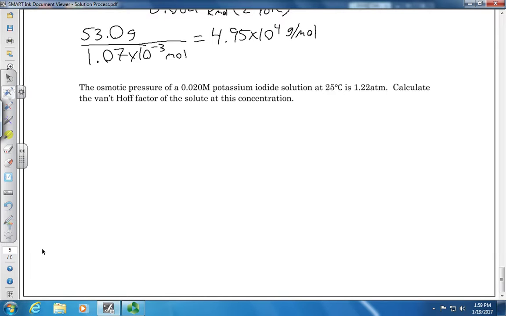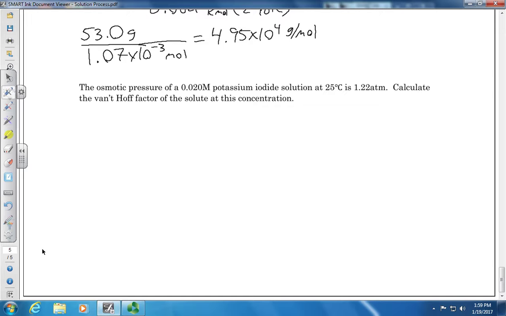Our last problem states the osmotic pressure of a 0.020 molar potassium iodide solution at 25 degrees Celsius is 1.22 atmospheres. We're asked to calculate the Van't Hoff factor of the solute at this concentration.